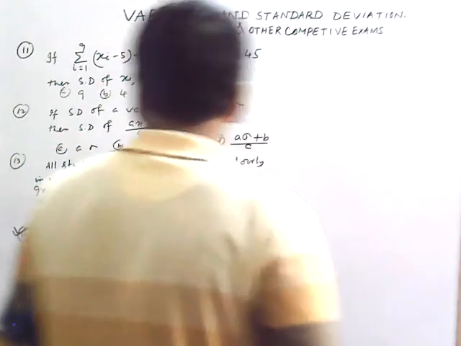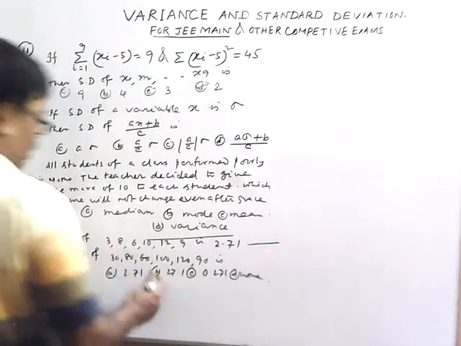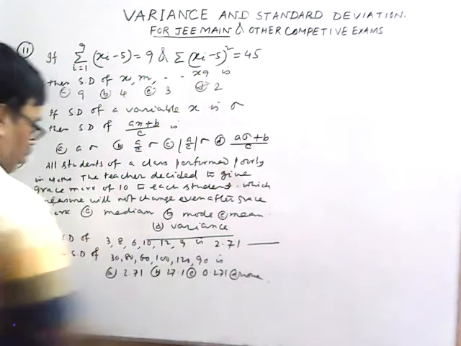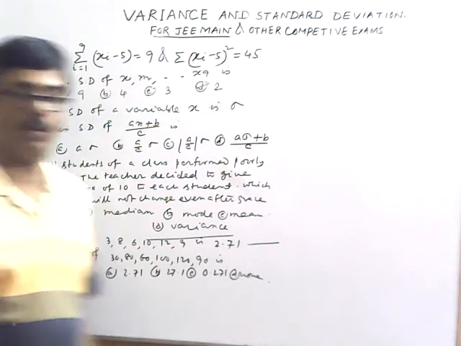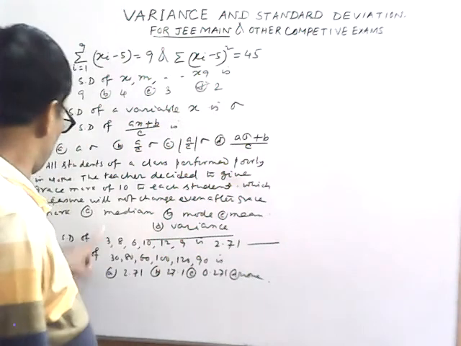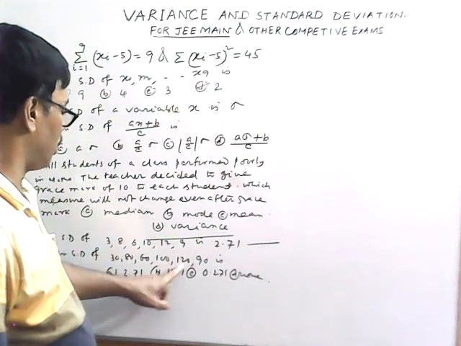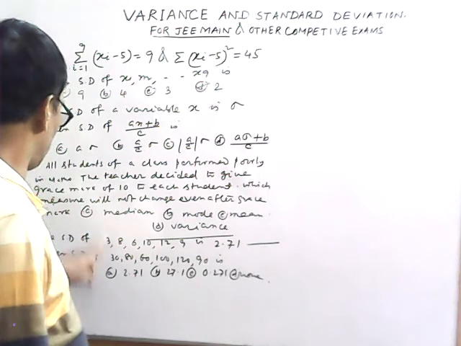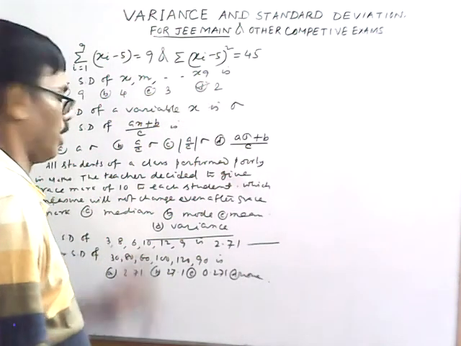So look, these are the original variables 3, 8, 6, 10, 12, 9. The other variables are also written in the description table. Now the new variables are 30, 80, 60, 100, 120, 90. They are obtained from the original variables by multiplying each term by 10.